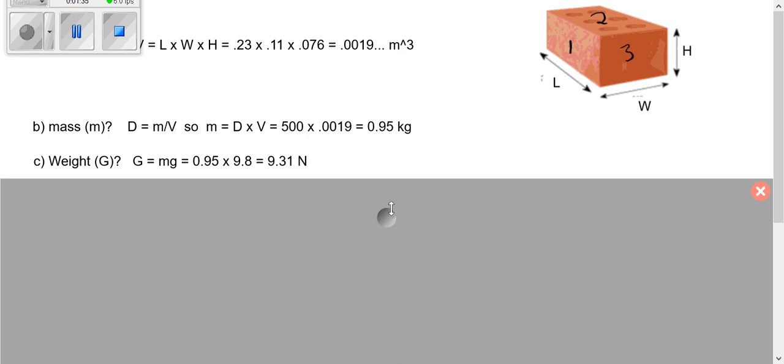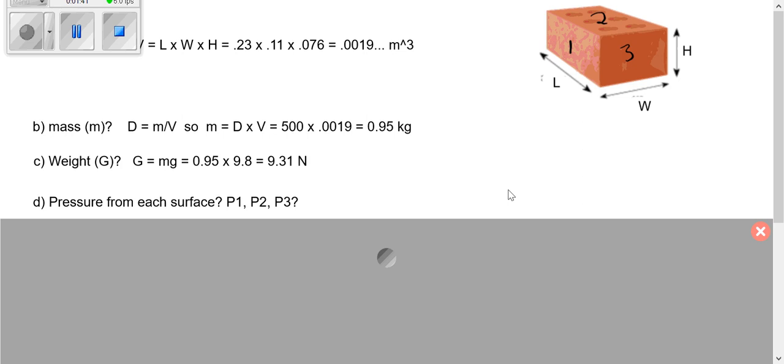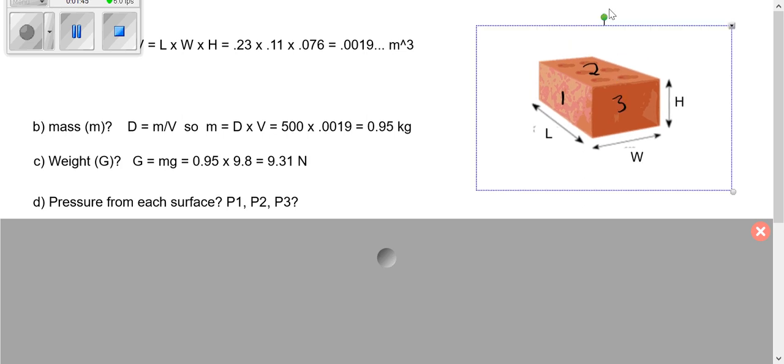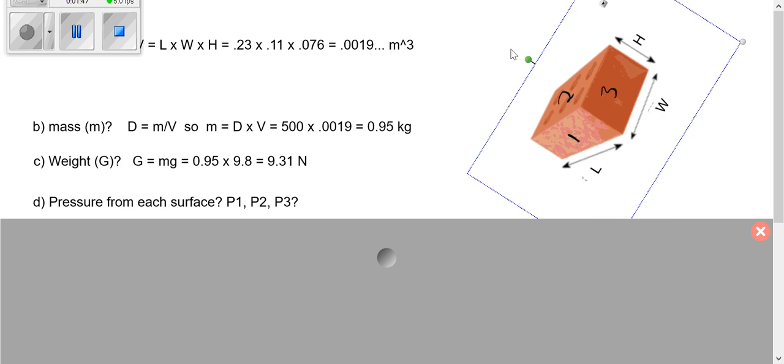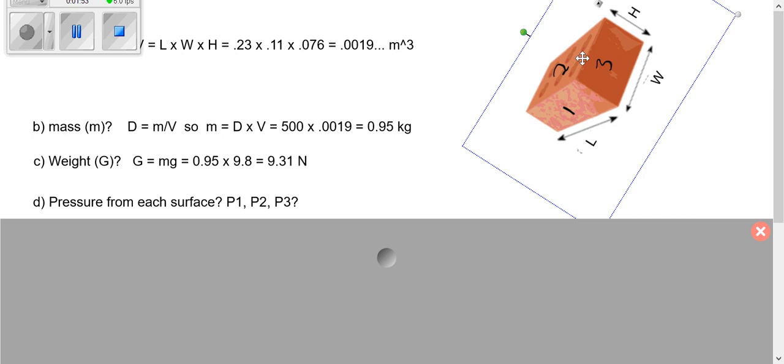So we have the weight of our brick, and now we're going to find the pressure that each side would apply based on the surface. Imagine the first time you take the brick and rotate it so that side number one is on the table. That would be the pressure of the first one.